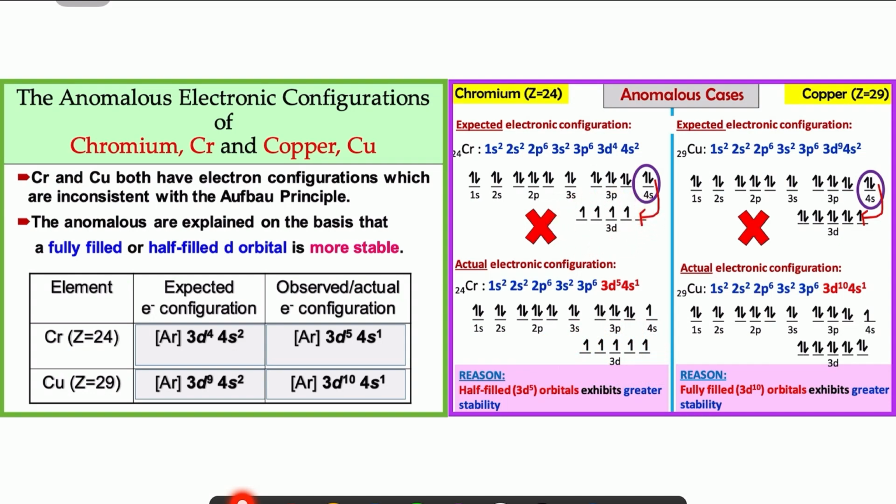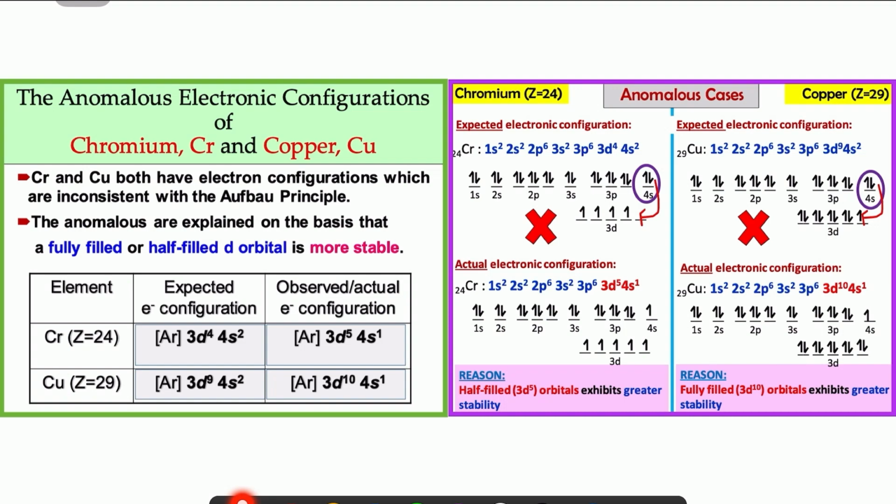Alright, let's see copper. For the expected electronic configuration, you can see 3d9 4s2, and it transfers an electron to get the more stable, actual electronic configuration for copper. It transfers an electron from orbital 4s to orbital 3d, because orbital 3d needs only one more electron to achieve the stability of a fully filled d orbital.